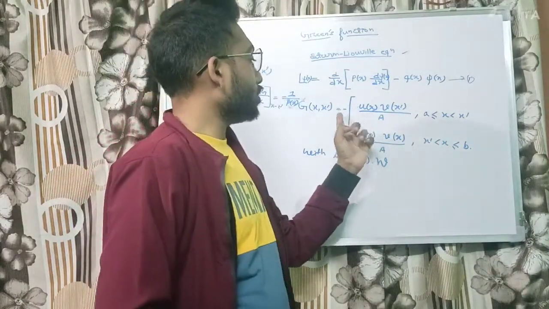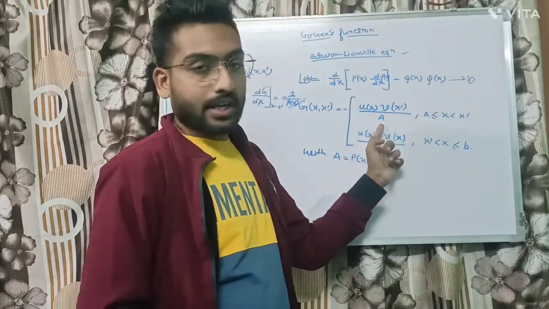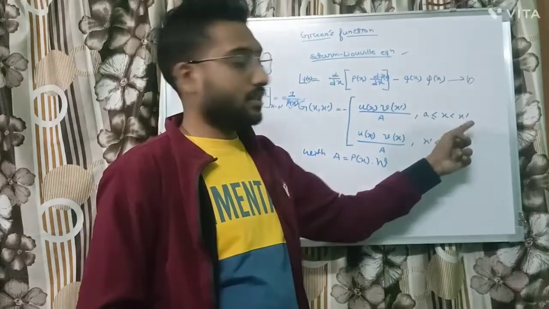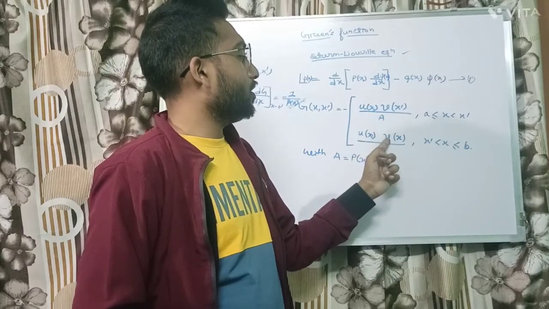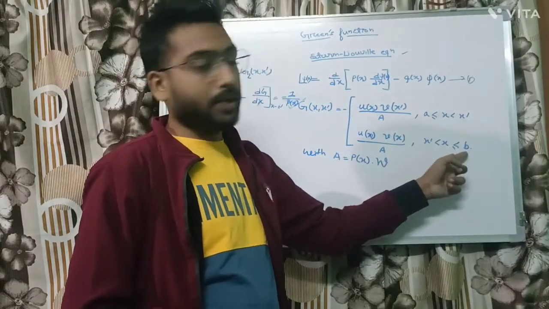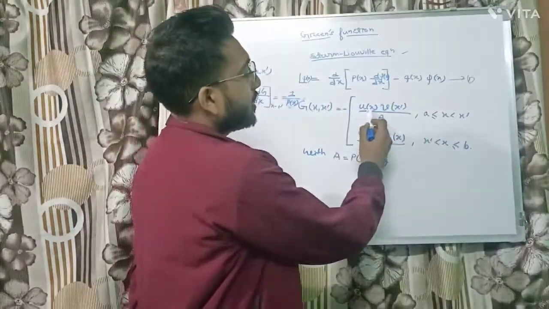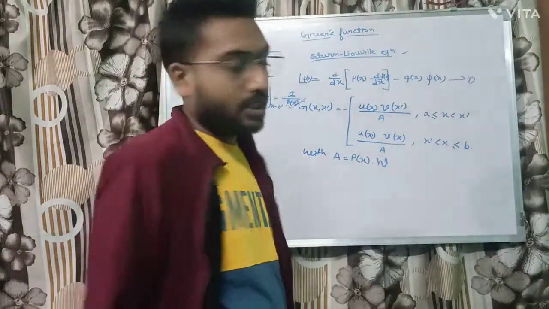So this is minus u(x) v(x') divided by a, for the interval a to x', and minus u(x') v(x) divided by a, for the interval x' to b. This u(x) and v(x) are the solutions of the Sturm-Liouville equation I have considered.